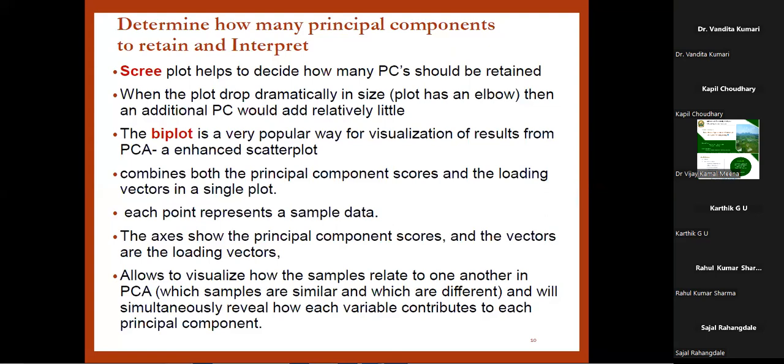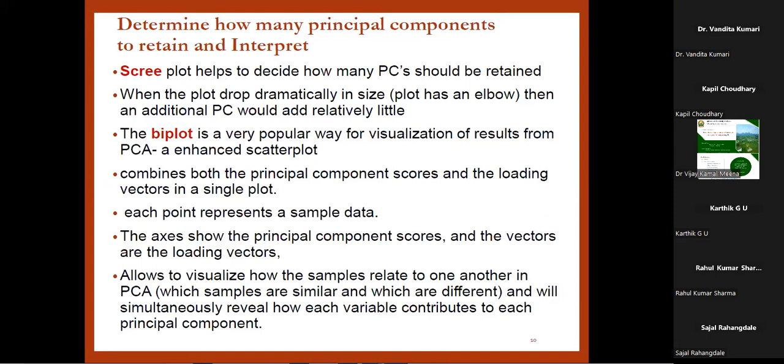Another plot is the biplot. It is a very popular plot used for visualization of results from principal component analysis. It is also called an enhanced scatter plot because it combines both principal component scores and loading vectors in a single plot. I will describe this more when we do the practical. Here the points in the plot represent the sample data, and there are two axes.